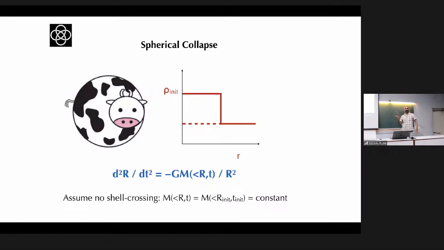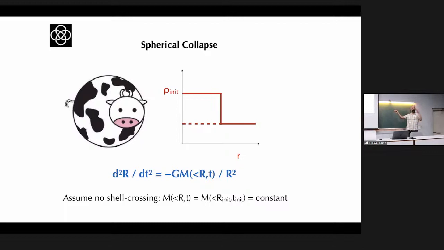Okay? And I can do this in that dynamical setup that we had discussed with the Poisson equation, the Euler equation, the continuity equation, etc. But a nice thing happens, because when you do all that, you realize that actually the only thing you need to worry about is this boundary, the location of this boundary.